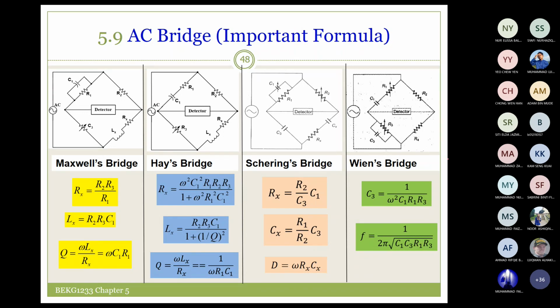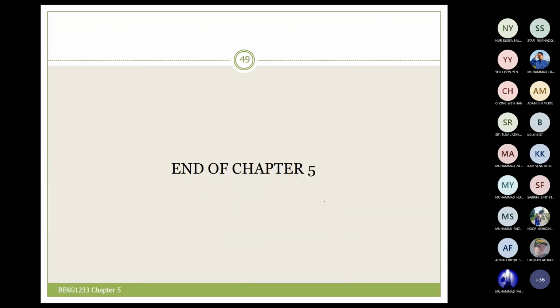So these are the important formulas that should be remembered in order to answer the questions for the AC bridge. I think that's all for chapter 5 for the DC and the AC bridge. Then we can go for the sensor and transducer next week.